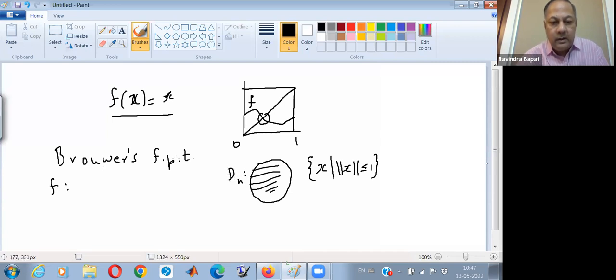Of course, there's a more general version; I'm stating a special case. If you have a continuous function from Dn to Dn, then f has a fixed point.